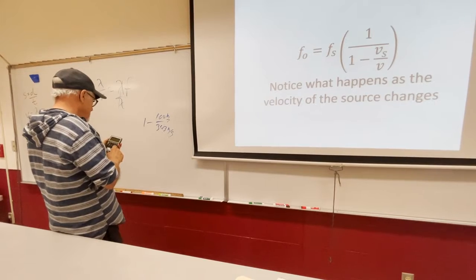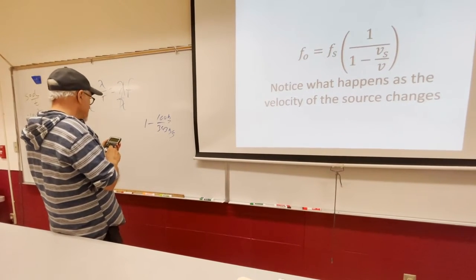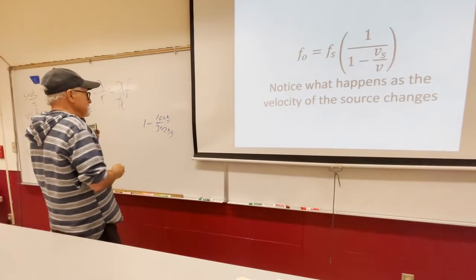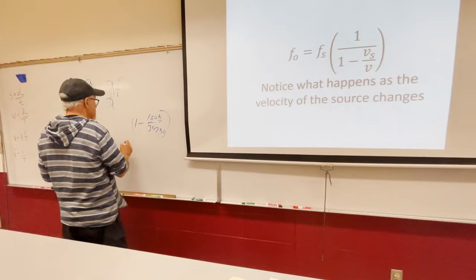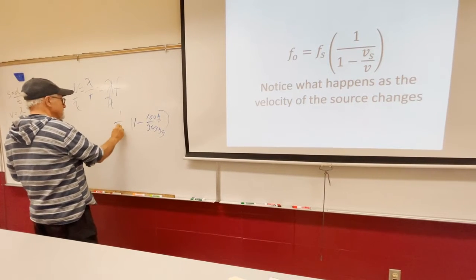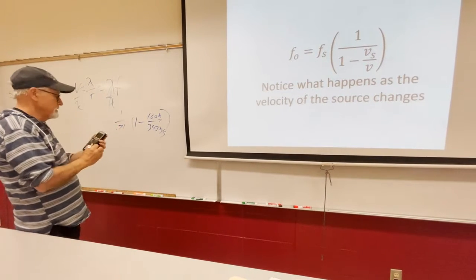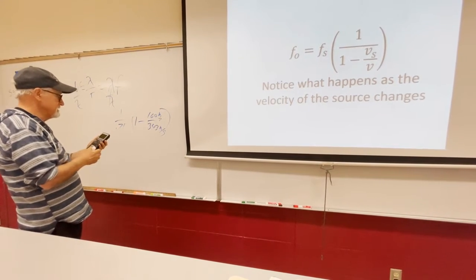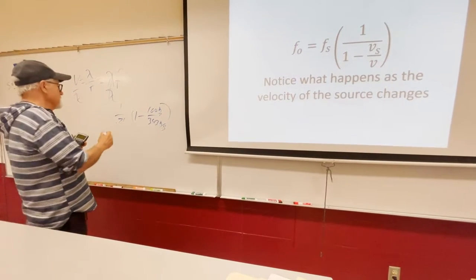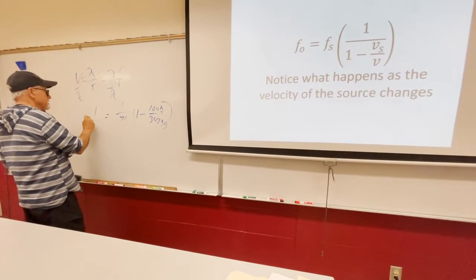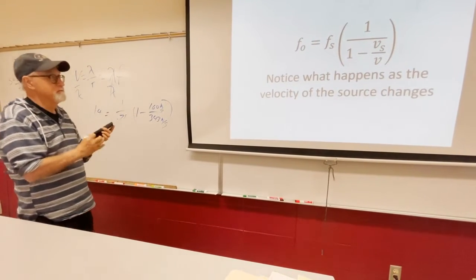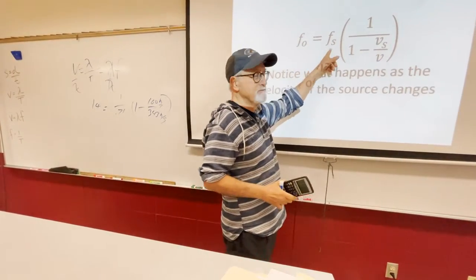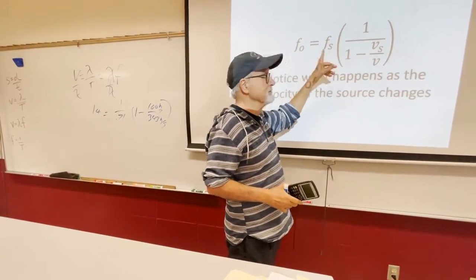So 1 minus 0.29 is 0.71. So this would be 1 over 0.71, and 1 over 0.71 is 1.4. So you're going to hear a frequency that's 1.4 times higher than the source frequency.